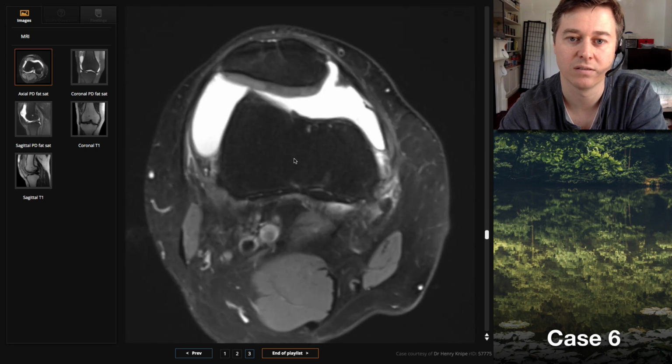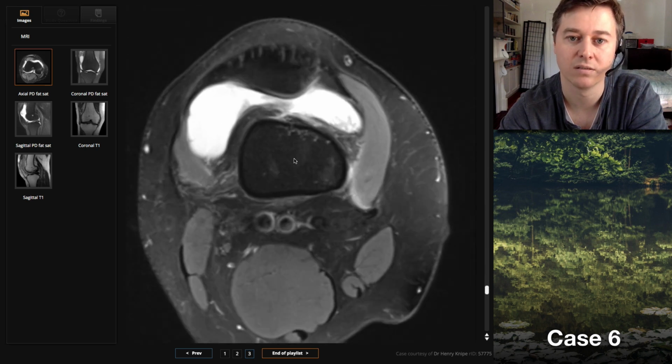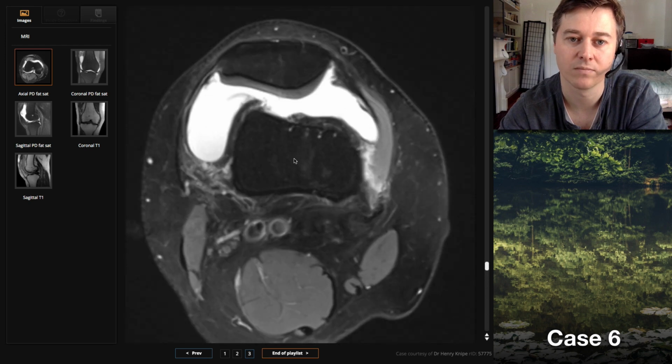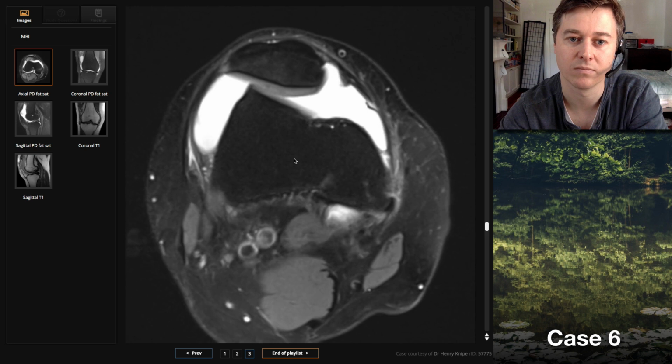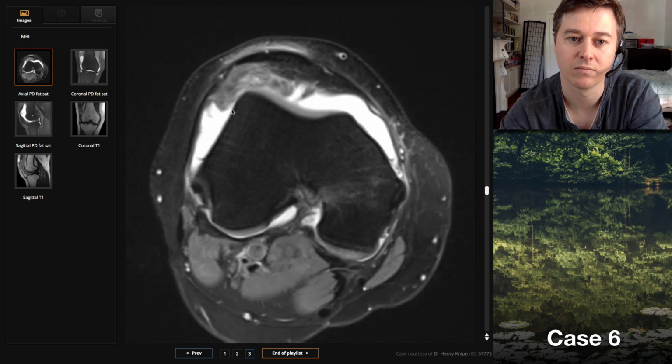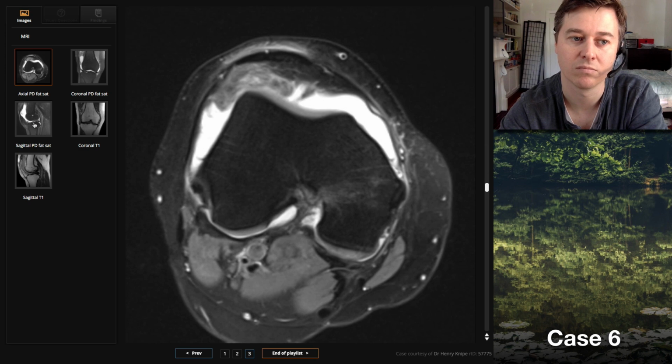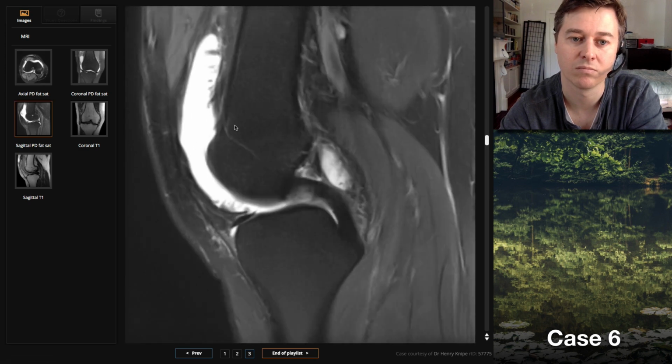So this confirms the presence of a large joint effusion. Also in the region of the Hoffa's fat pad, where the soft tissue density was seen on the plain film, there's a predominantly low signal lesion with more hypointense internal foci.